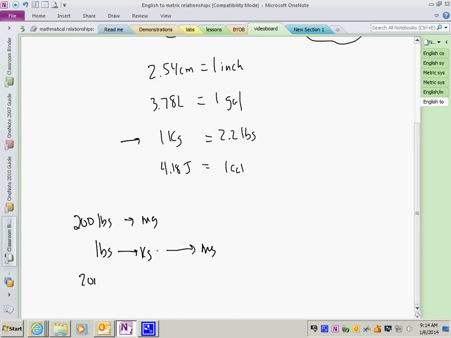So 200 pounds, dot line, get rid of pounds, go to kilograms. Get rid of kilograms and go to milligrams. The relationship here is 2.2 pounds is 1 kilogram, and then 1 kilogram is equal to 1 million milligrams. And I would simply divide and multiply, and I would be in milligrams. Should be a big number.